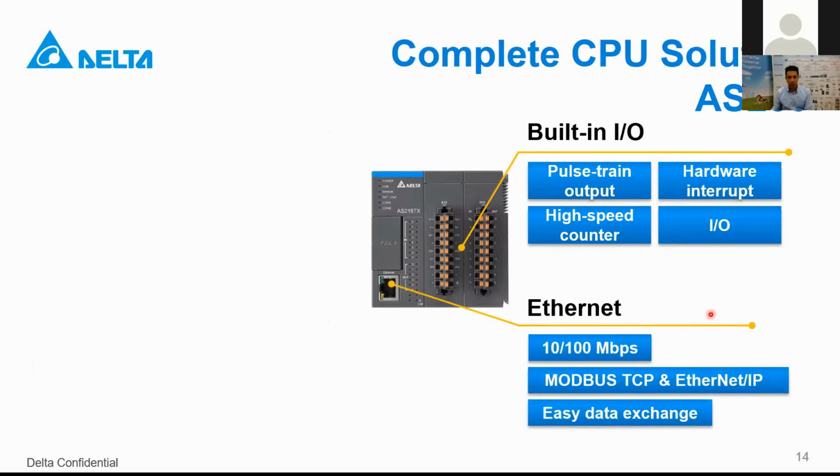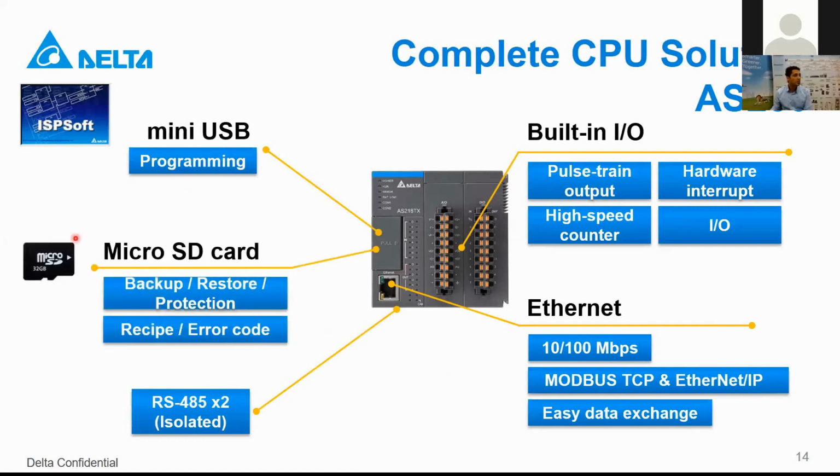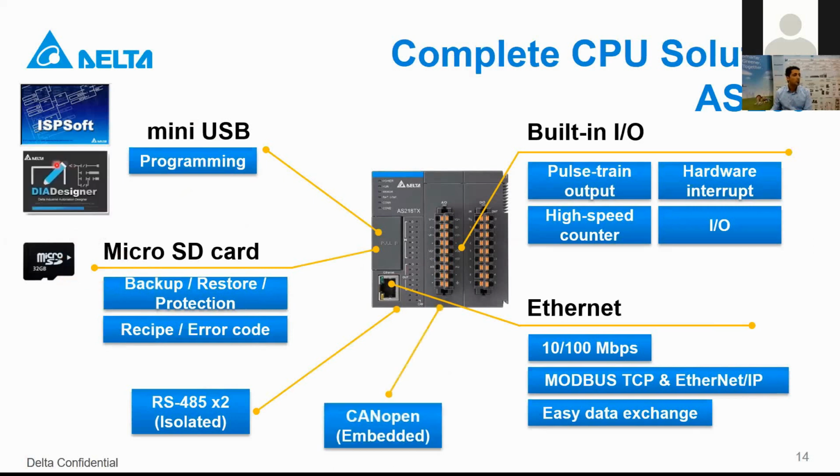Same port, Modbus TCP and Ethernet IP at the same time, and can be used for programming as well. And we have RS485 port as we have in AS300. We have mini USB for programming, and it also supports micro SD. So it also supports DIADesigner.